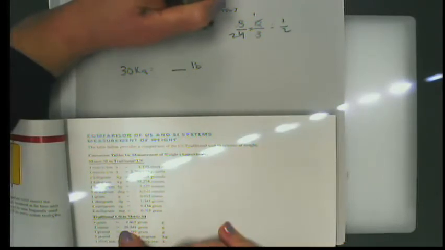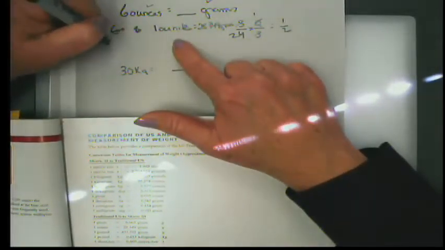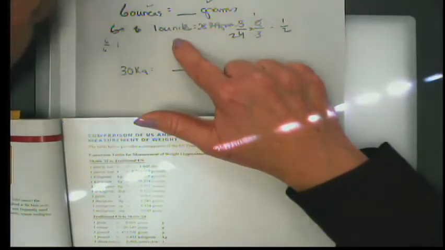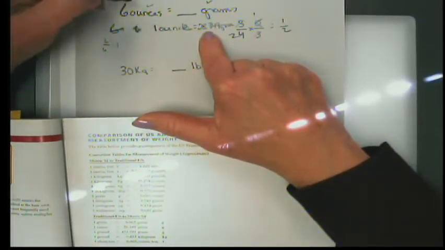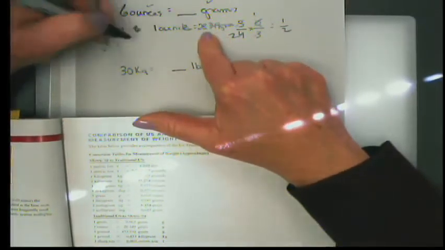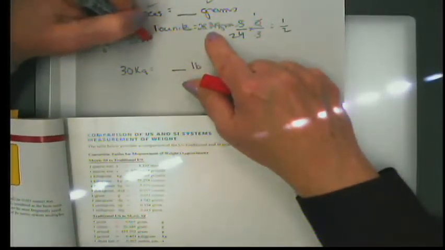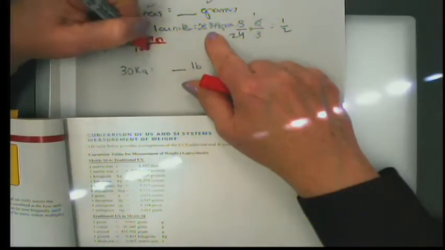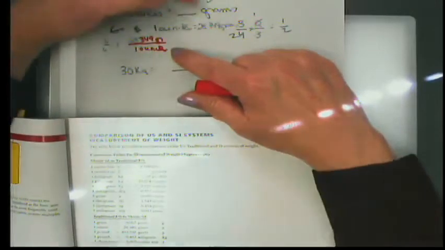I have 1 ounce equals 28.349 grams. Since these are equal to each other, if you had something like 6/6, that's going to equal 1. In other words, 1 ounce is the same amount as 28.349 grams. That means if you put those amounts over each other, 28.349 grams over 1 ounce, since those are the same, you can multiply anything by that without changing the value.